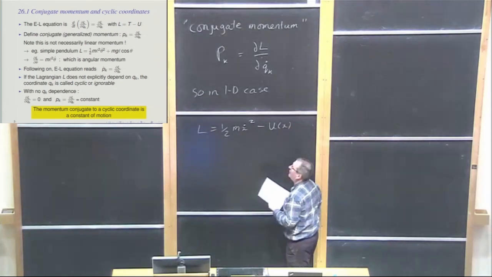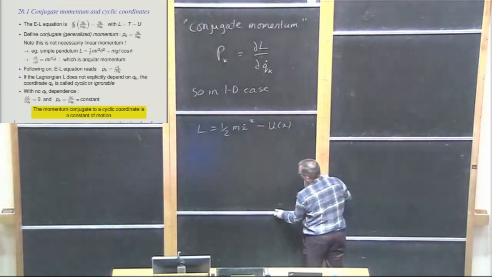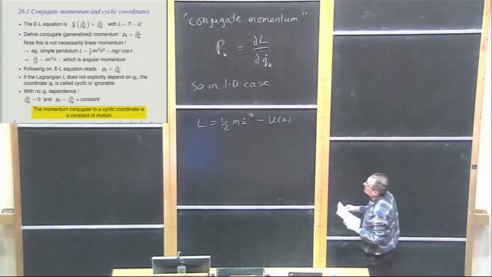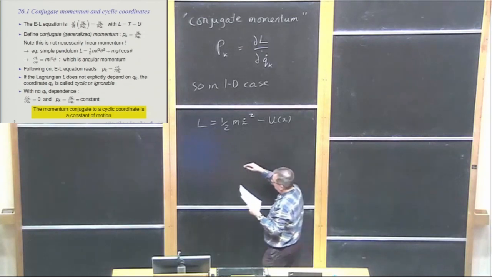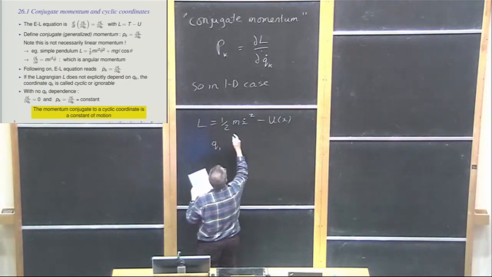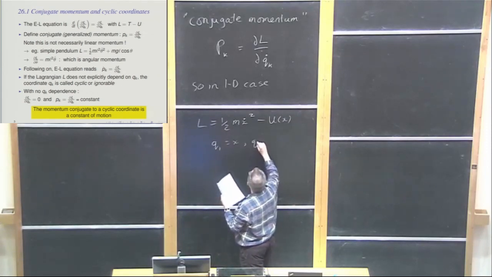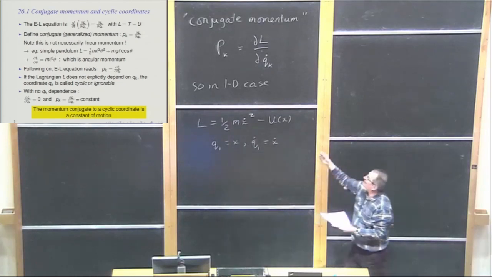At the very end of the first lecture this morning, we looked at this, where the U was the potential of a simple harmonic oscillator. But let's keep it a little more general here. So here we have that q_1 is x, and q_1 dot is x dot. So the generalized coordinate is x.